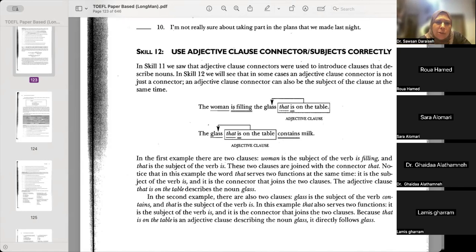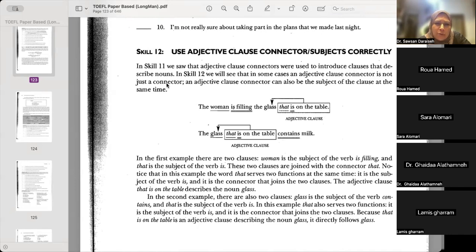So in skill 11, which is the previous one, guys, we saw that adjective clause connectors were used to introduce clauses that describe nouns. A connector, like that, which, what are they? They're used to introduce clauses, right? So this is their job and what they're supposed to do.